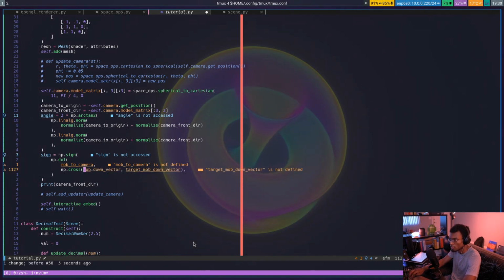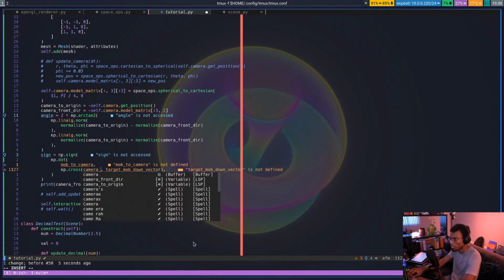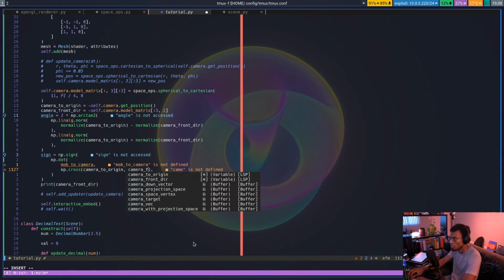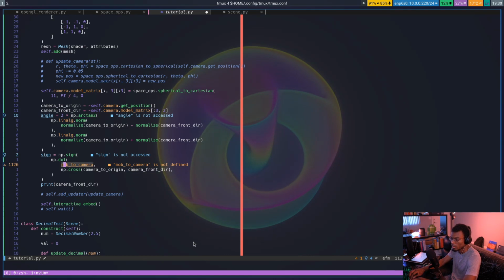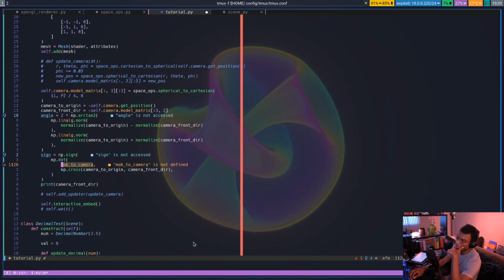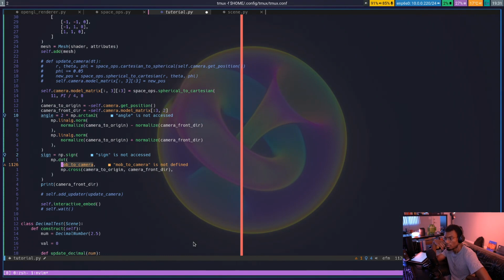Oh, wait. Camera to origin. Cross these, and I want that to face where? I don't think it matters, actually. Oh, I actually don't even know the sign of this, as usual.